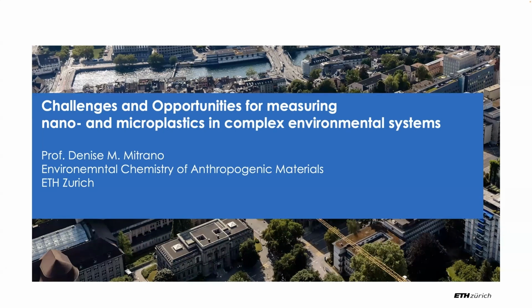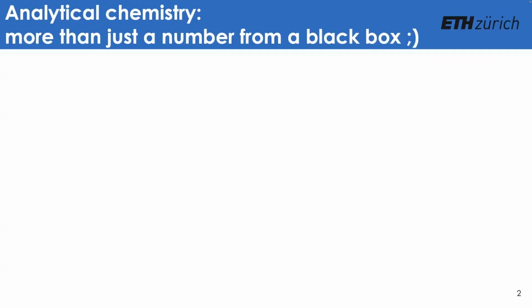Before I get into actually how we measure microplastics, I'd also just like to mention a little bit about analytical chemistry in general. A lot of folks who are not very familiar with analytical chemistry might think that you can just put a sample into a black box, and then you get your answer. But I think that things are a little bit more complicated than that in many cases.